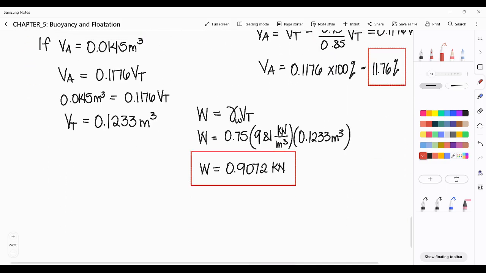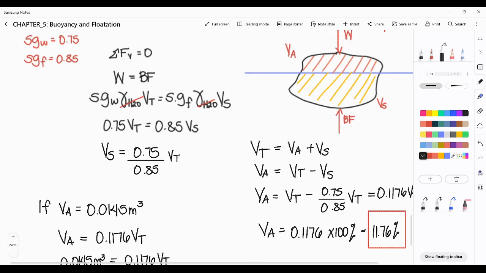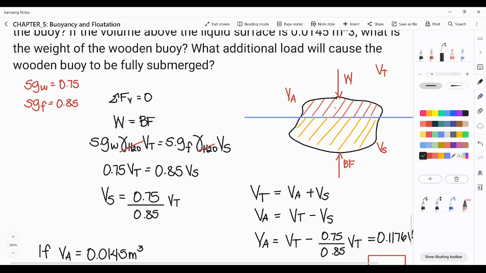Sige, lagay natin P. And we will simply use as well the formula for weight. Let's say P yung additional load na kailangan natin para totally lumubog. Kasi diba dito, may nakaangat na part. Merong part of our wooden buoy na nakaproject above the liquid surface.